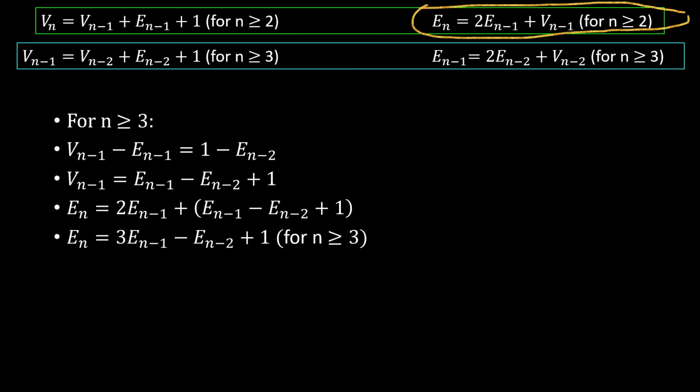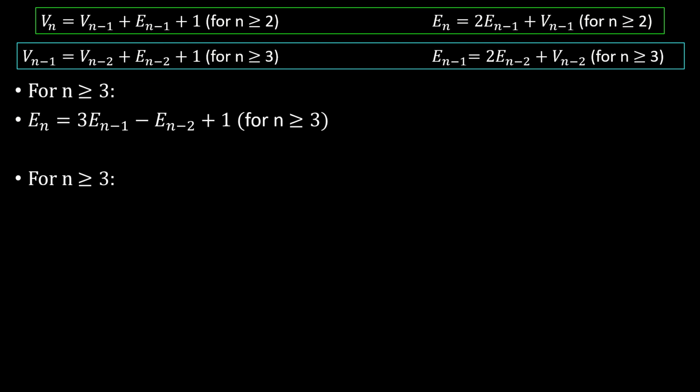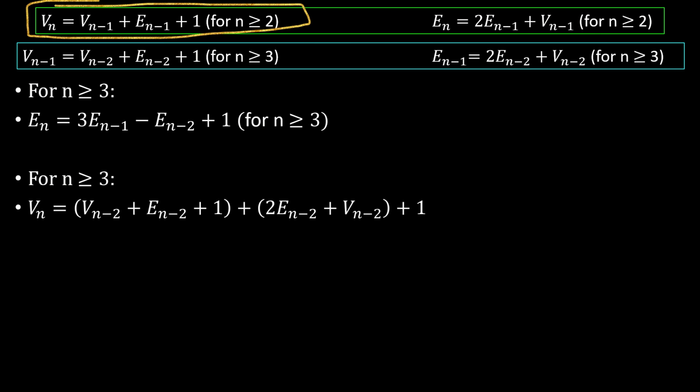Now let's try and get a similar result for the vertex formula. In our formula for v sub n, let's plug in the formula for v sub n minus 1 and the formula for e sub n minus 1 that we have in the blue box. Simplifying, we have this.